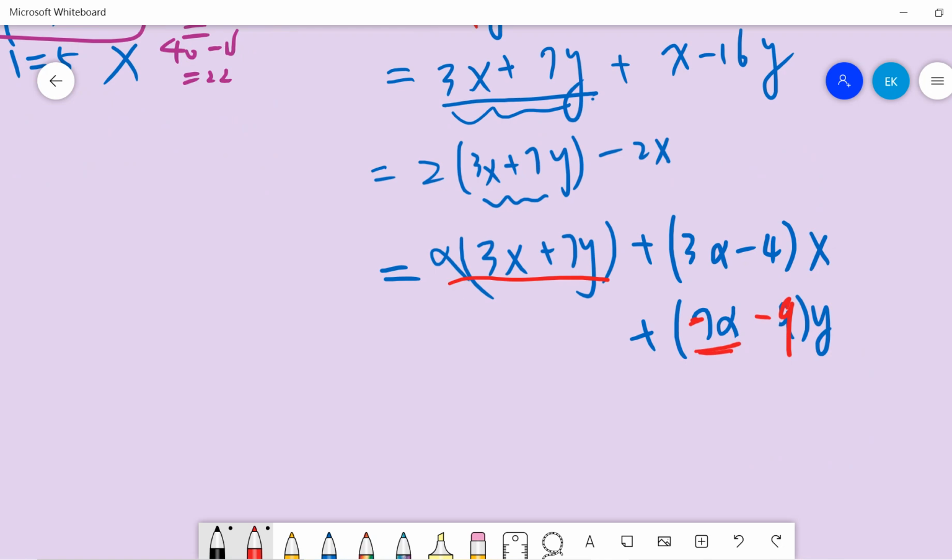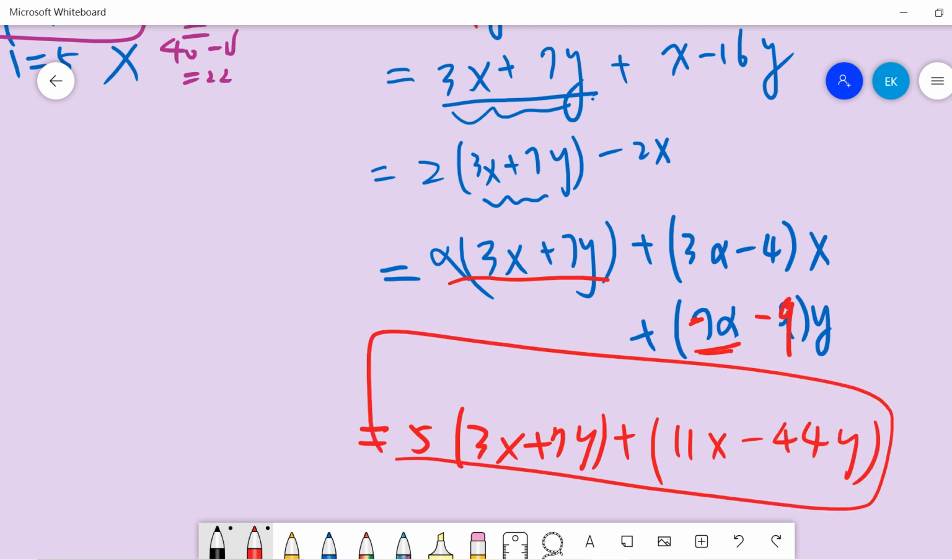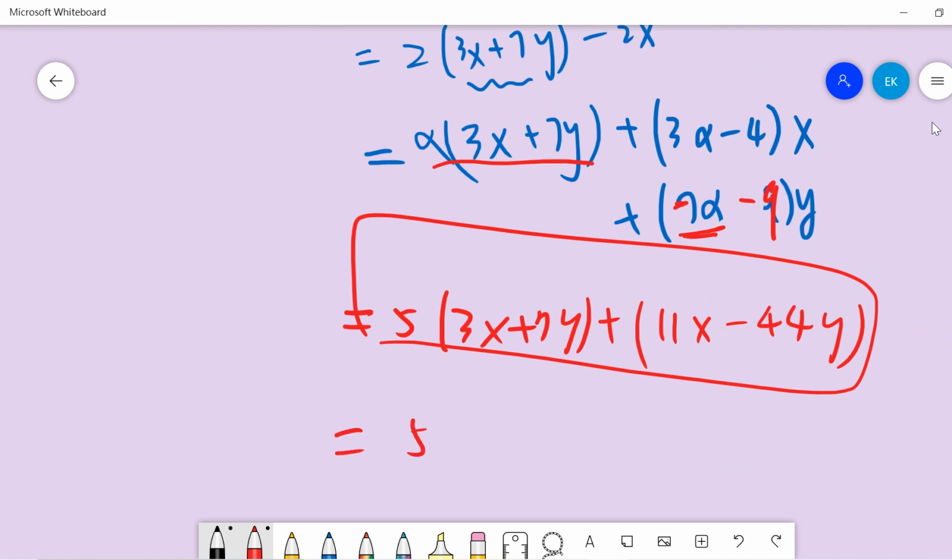So actually, when alpha equals 5, we have the answer. We can write this when alpha equals 5. So basically, I can write it as 11x minus 4y.